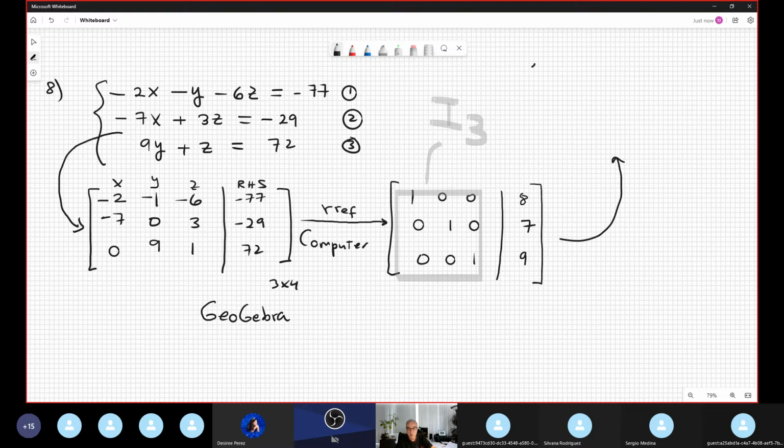The equation is 1x plus 0y plus 0z is equal to 8. It's obvious that this is equivalent to say x equal 8. Likewise, I don't want to copy again. Y is 7 and z is 9. And the solution is unique solution, only one, at the point 8, 7, 9. End the story. Okay, the option A in our hand.